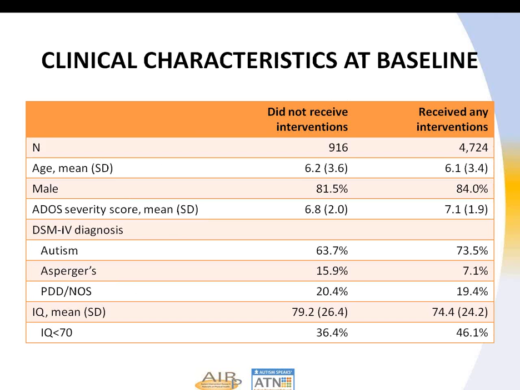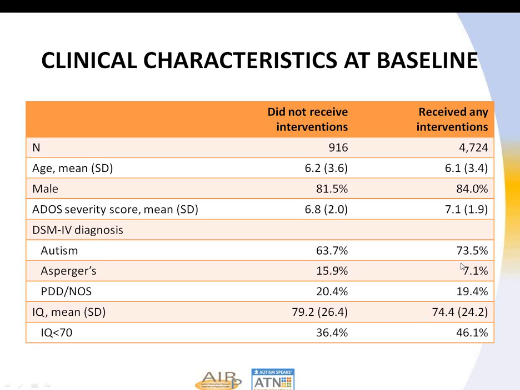And this table presents characteristics of children in the control and the treatment group. Children who received the treatment had relatively higher ADOS severity scores and received an autism diagnosis more than the control group. You can see this is the intervention, the treatment group. This is the control group.